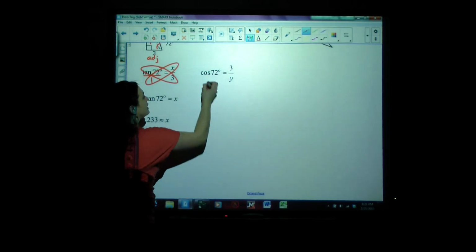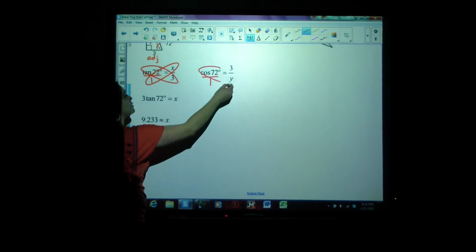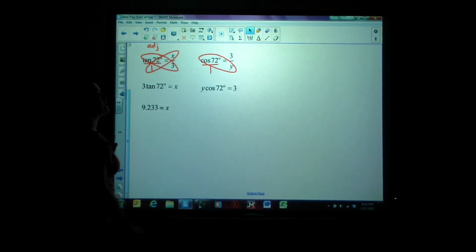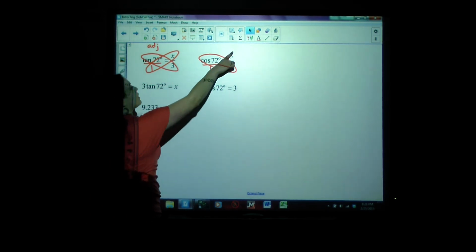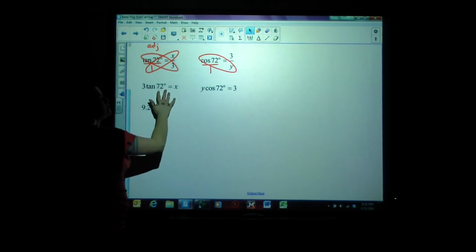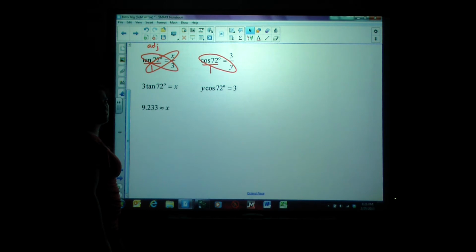Again, to solve this, we're going to put the cosine over 1, and we're going to cross multiply. So we're going to end up with y times the cosine of 72 equals, well, 1 times 3, which is 3. Now this time we're not done. We don't have the variable by itself. What's happening is the y is being multiplied to the cosine of 72.